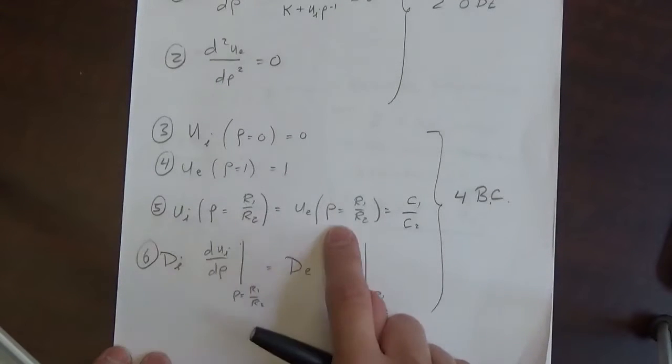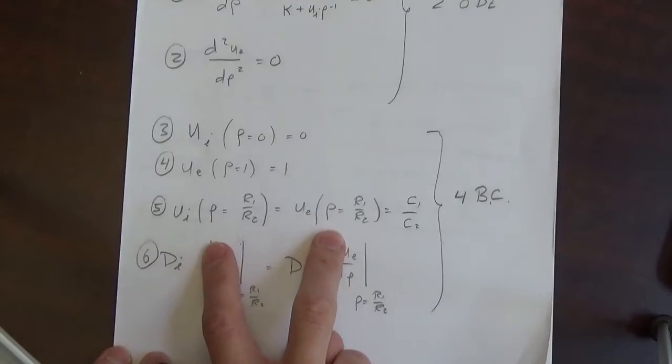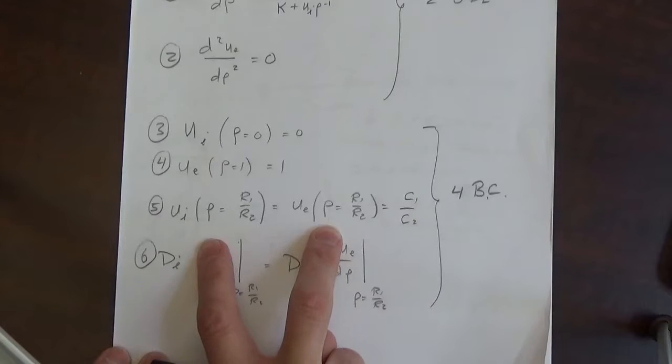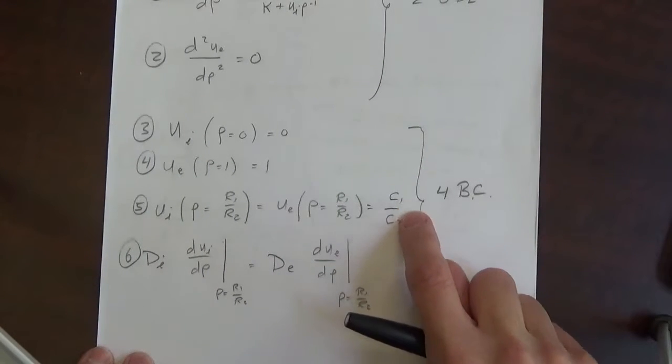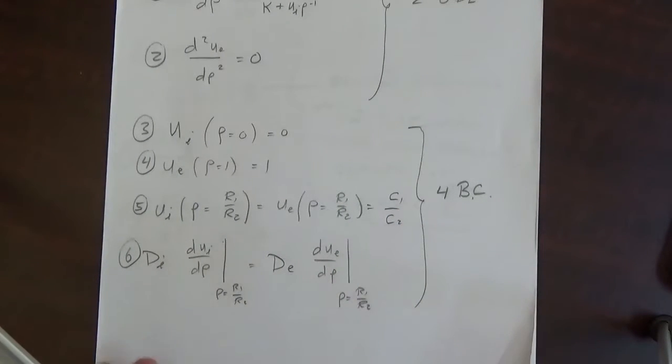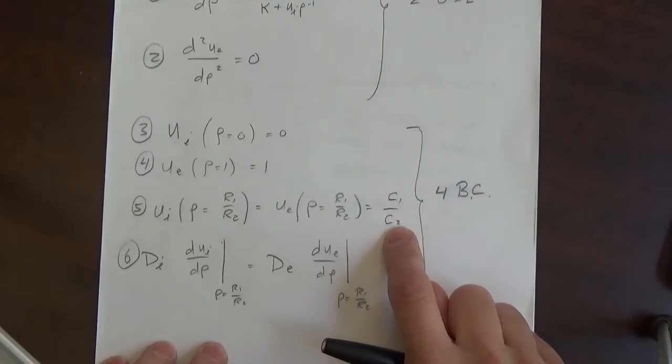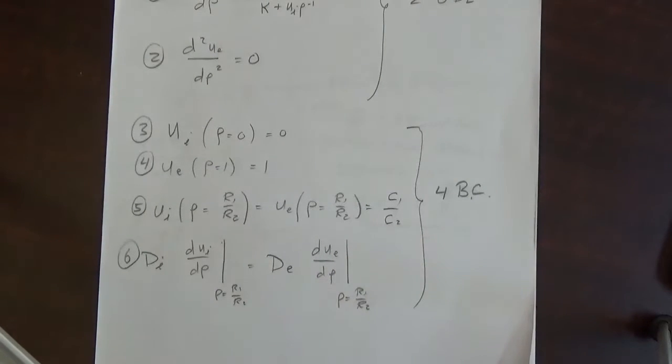So at the interface, the two solutions have to be equal. And those can also be expressed as C1 over C2, because remember we had a dimensionless expression for concentration in which we divided the entire interior by this C2, which is our exterior concentration that we're holding constant.